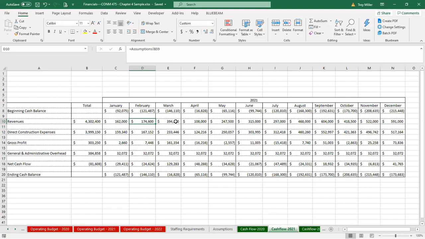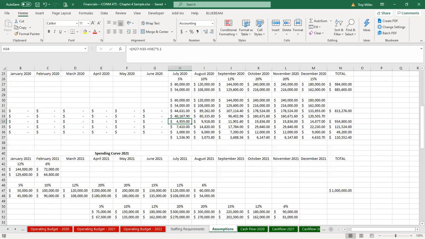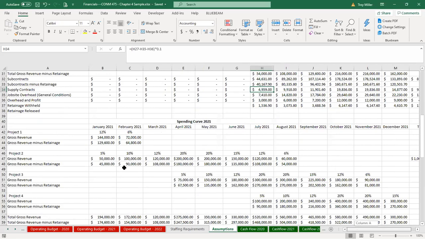So in March, I make an assumption here that I get my retainage released. And in addition to the revenue minus retainage I'm making on my projects that are currently ongoing, it looks like at that point project number 2 is the only project I have ongoing.